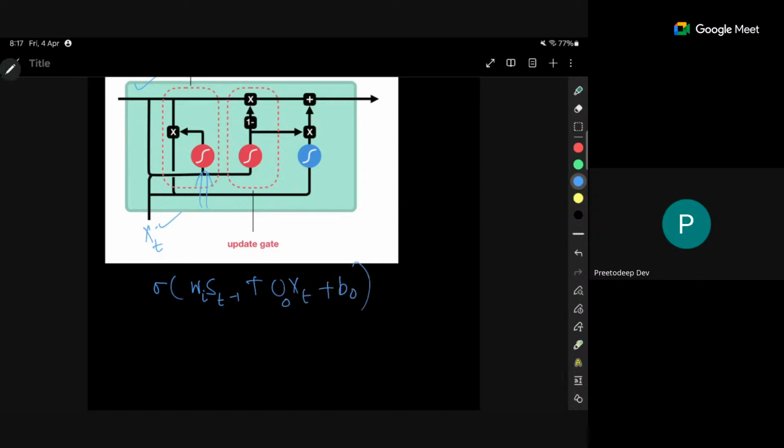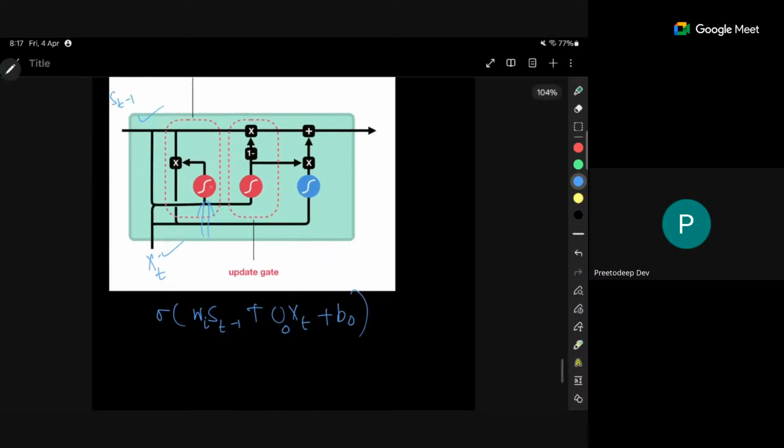So this is the equation of the update gate.